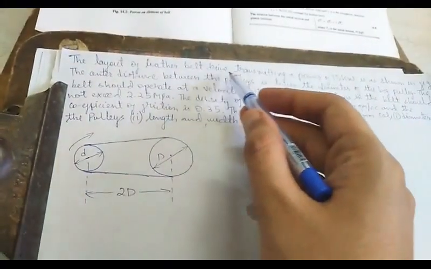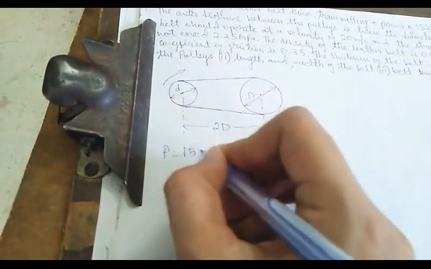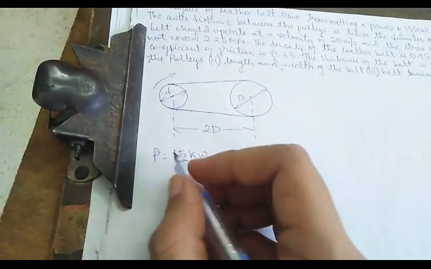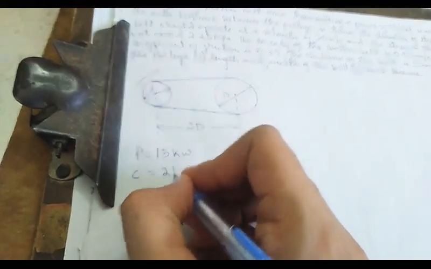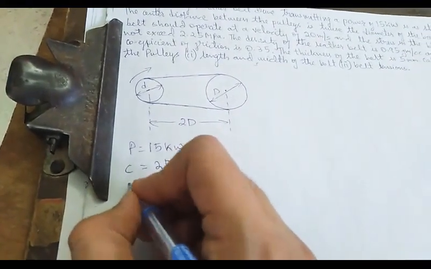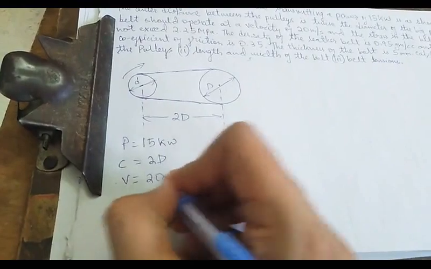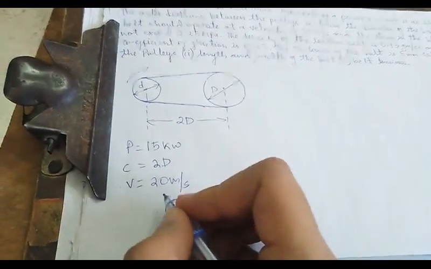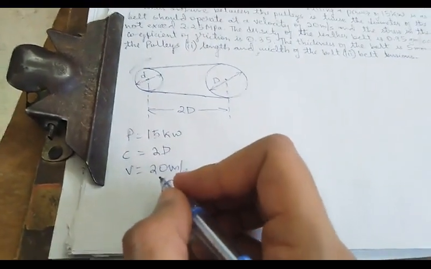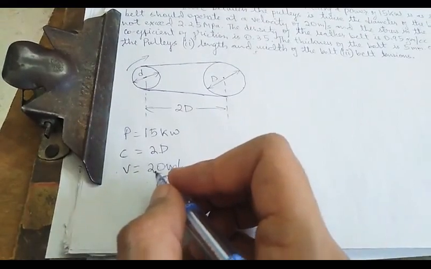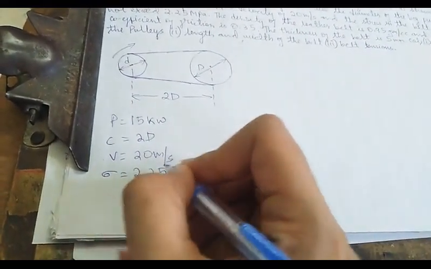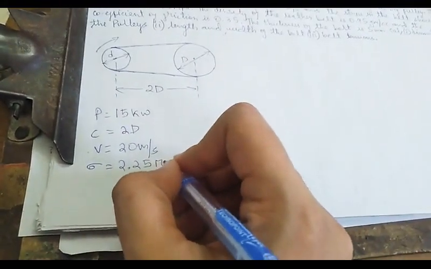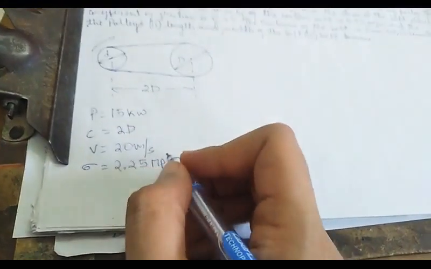So we shall write the data. Power 15 kilowatt. Center distance C is 2D. Velocity 20 meter per second. And stress in the belt should not exceed 2.25 MPa.